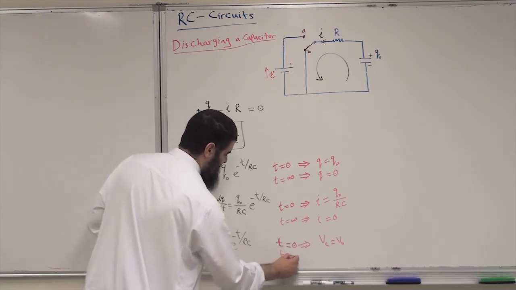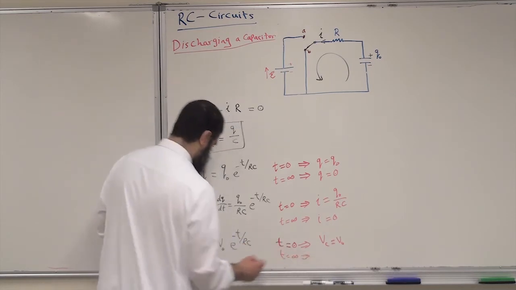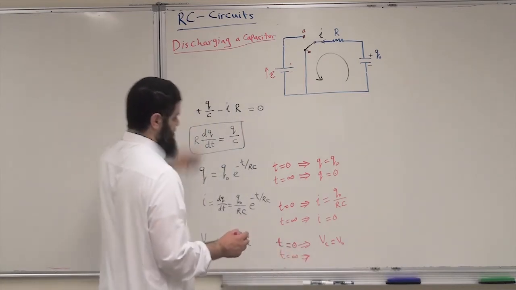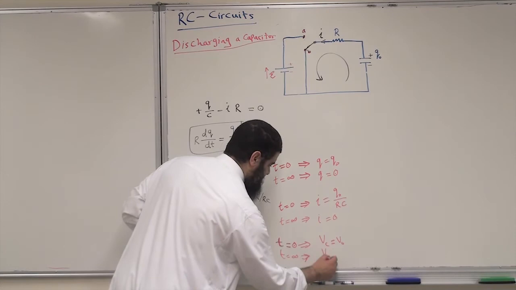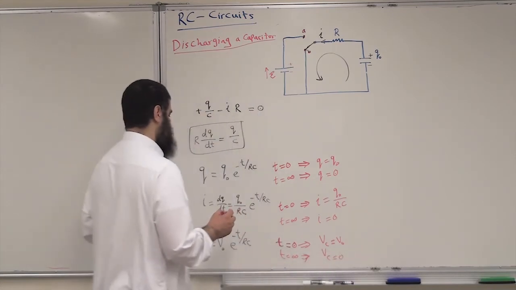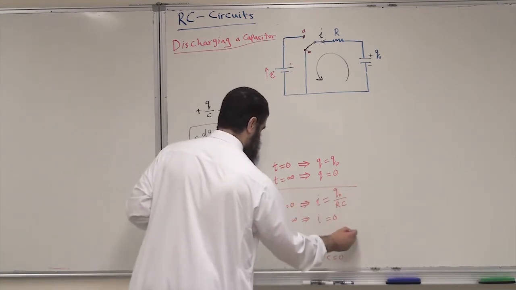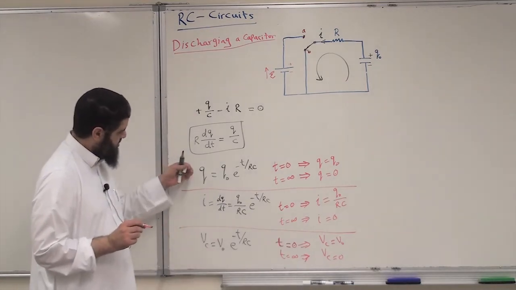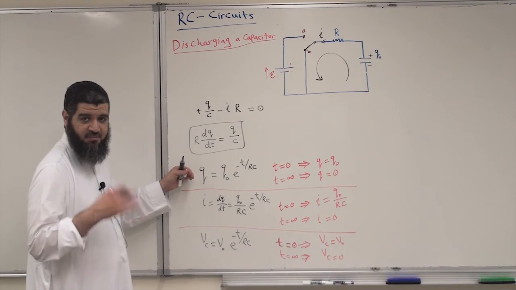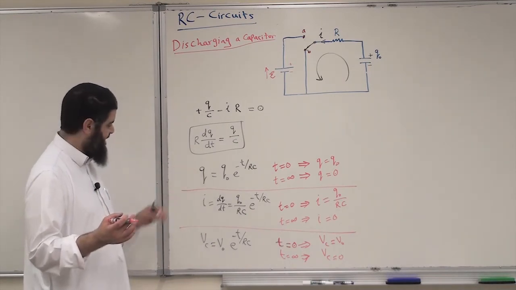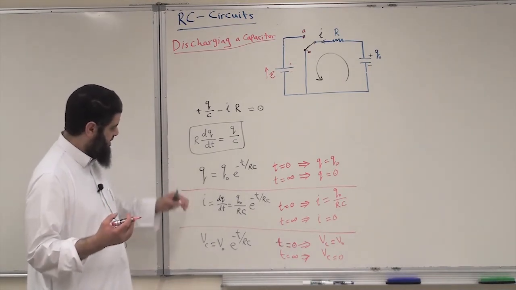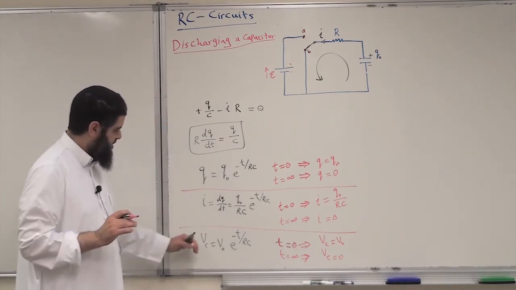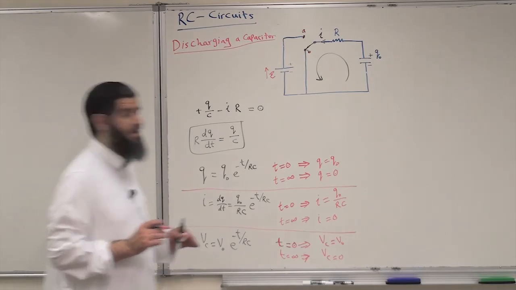And as the time increases, after a long time, when our capacitor is fully discharged, Vc will be equal to 0. So these are the different equations we have for the charge on our capacitor and how it changes with time, the current in the loop and how it changes with time, and Vc. All of them are decaying.